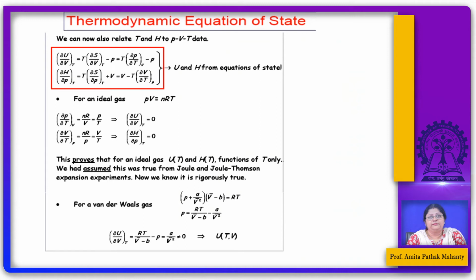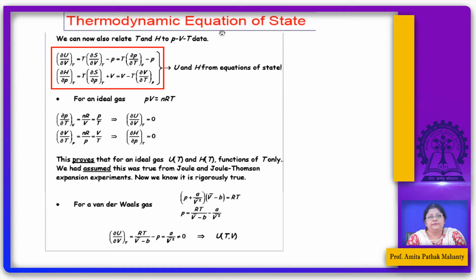There was a question yesterday on this. It is equal to minus mu JT into Cp, for a non-ideal gas. So for an ideal gas, this should be zero. The second equation of state we have not derived yet.